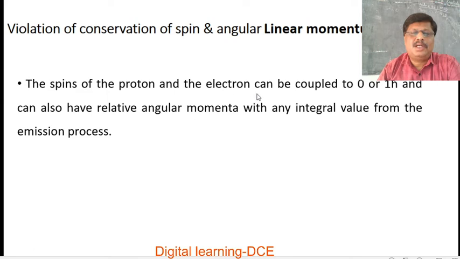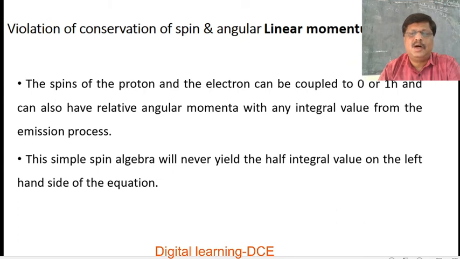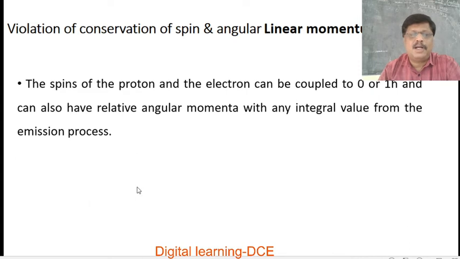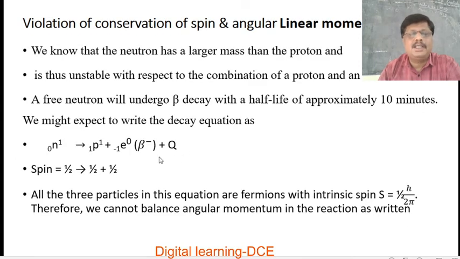The spins of the proton and the electron can be coupled to 0 or 1 h cross. Half minus half becomes 0, half plus half becomes 1 h cross, and they can also have relative angular momenta with any integral value from the emission process. This simple spin algebra will never yield the half integral value of the left hand side of the equation, that is, the neutron. Another fermion must be present among the products. Therefore, the products should contain another fermion having spin 1/2.